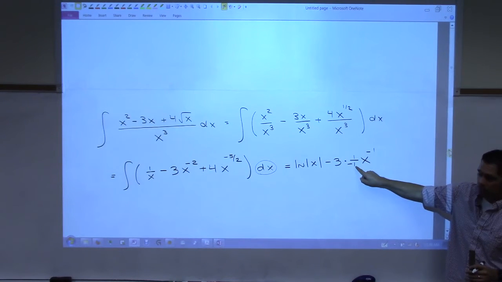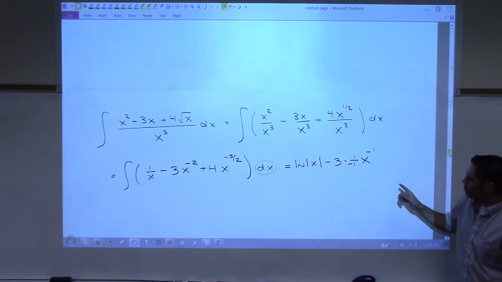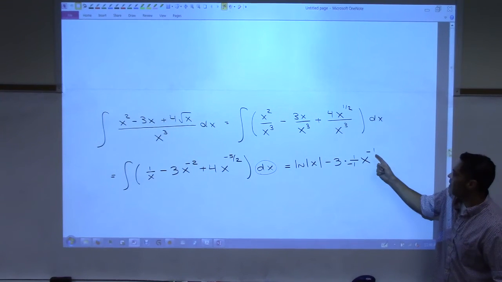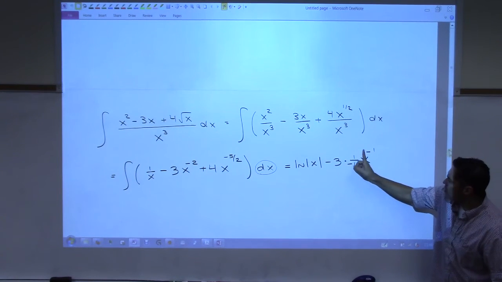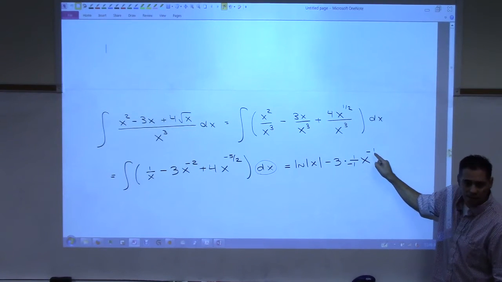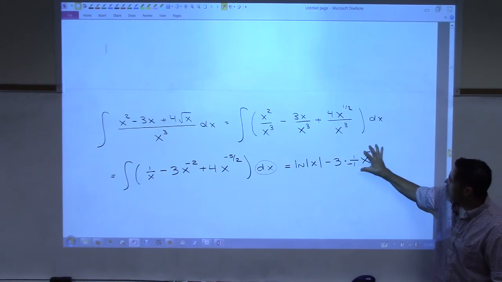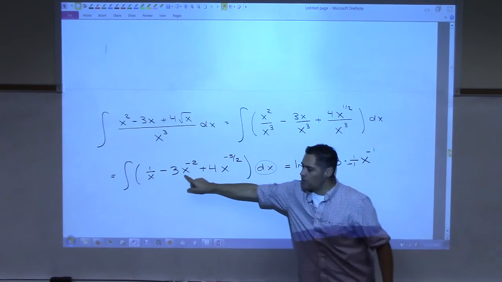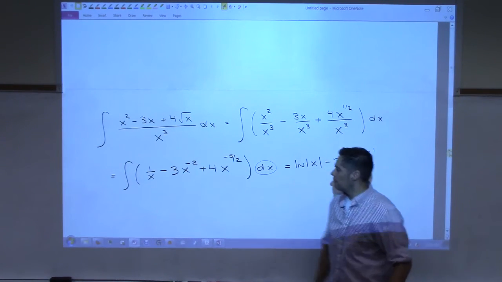And double check it real quick. If I take the derivative right now, negative 1 comes out, that turns into a 1, and then I subtract 1 from the power, I get x to the negative 2. So the derivative of this would be x to the negative 2, and then I have a negative 3 out front. So it would give me what I want.